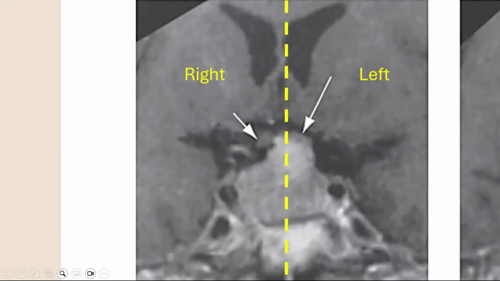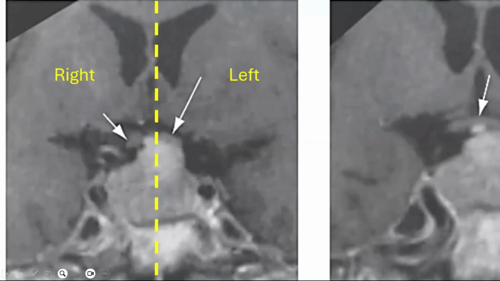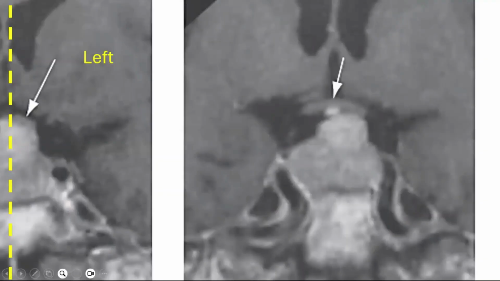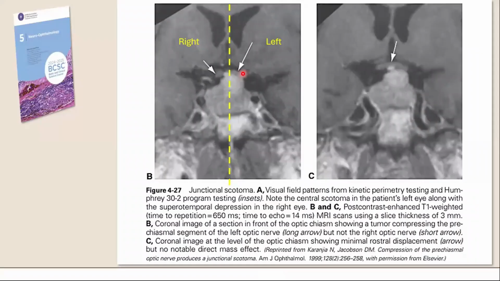So there is no compression on the right optic nerve, but there is compression on the distal part of the left optic nerve. In another section here, it shows the optic chiasm. The mass doesn't compress the chiasm, but it compresses the junction between the optic chiasm and the distal part of the optic nerve. Again, this is the right side and this is the left side of the MRI.